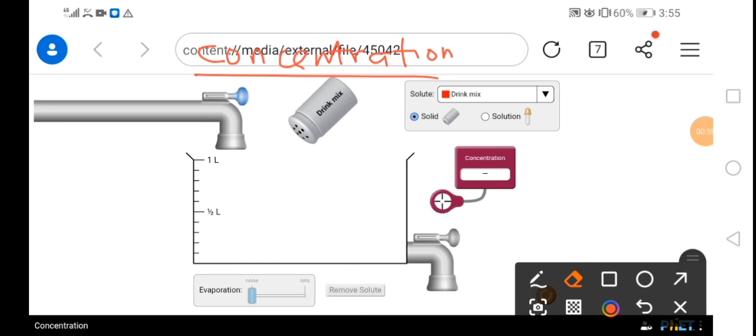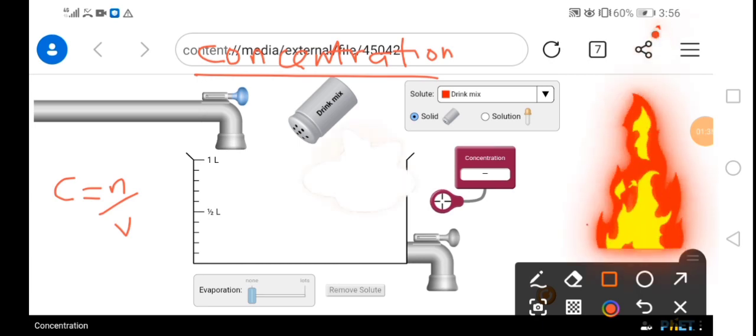So when we are calculating concentration, we calculate concentration by using the formula concentration equals number of moles over volume. But sometimes you're not going to be given number of moles, you'll be given mass. So it's very important for you to convert that mass to moles if the concentration should be expressed in mole per decimeter cubic.